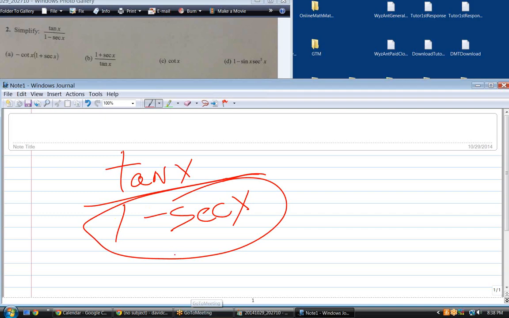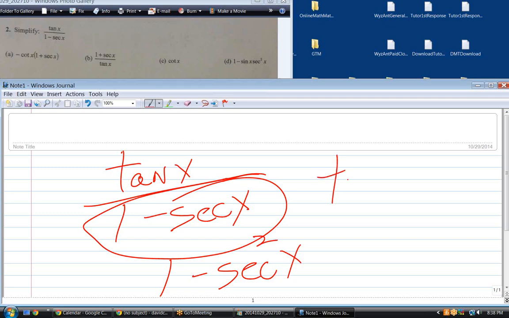If I multiply it by the conjugate, it turns into 1 minus secant squared, which is equal to what? Negative tangent squared. But it's still an identity. Correct?